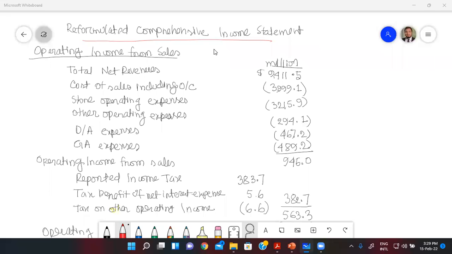Okay. What about the stock-based compensation expense? Can you recall that in the liability analysis class, we talked about stock-based compensation? We talked about how sometimes a firm commits to provide management some stock-based compensation.